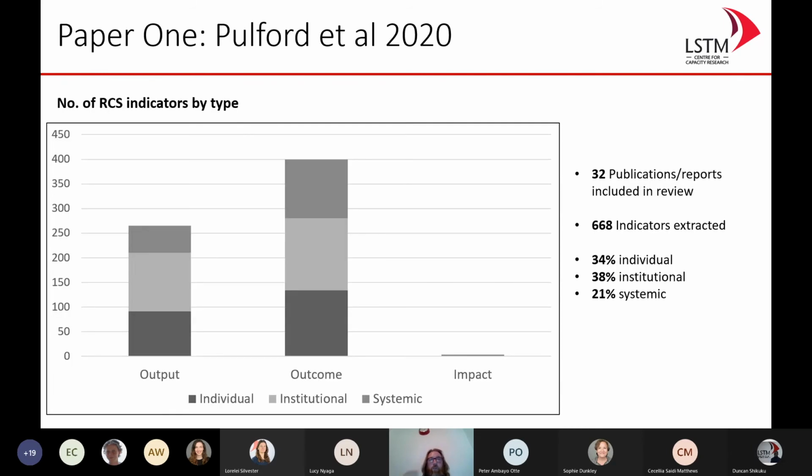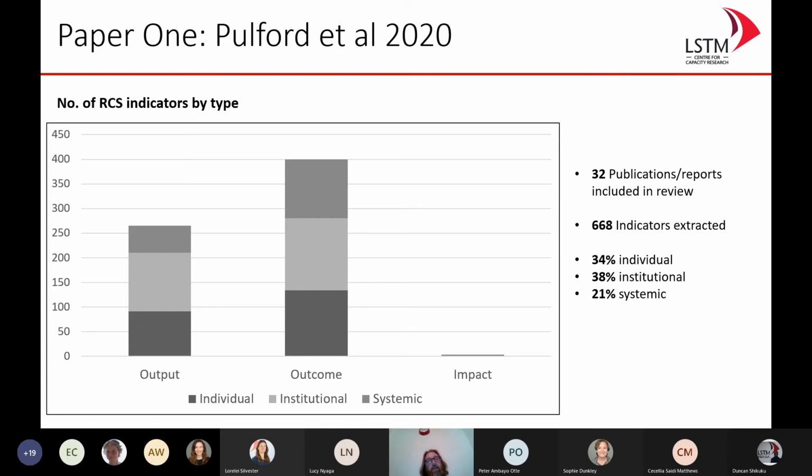So going to the review first, there's sort of good news and bad news with this paper. The first is that through a systematic search of many publications and reports, we were able to identify a total of 668 RCS indicators that had been reported or described in the published or grey literature.